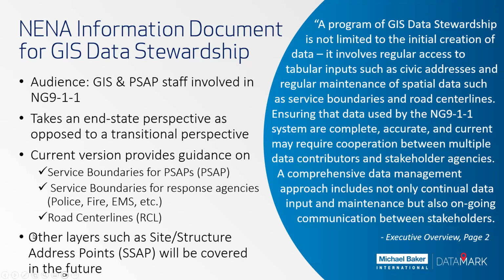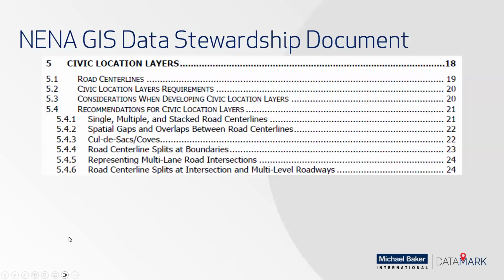Okay. So today, what are we going to talk about? As I mentioned, this document is just stacked full of great topics and recommendations, so we're just going to get through a couple of them here. We'll be in section 5 about civic location layers, about road center lines primarily. And we'll get into some of the very specific documents. You'll see down there 5.4.1 through 5.4.6.